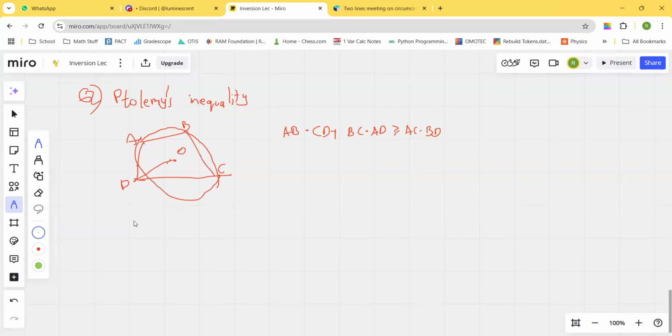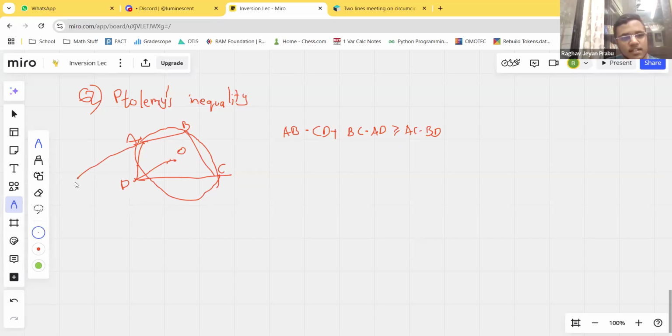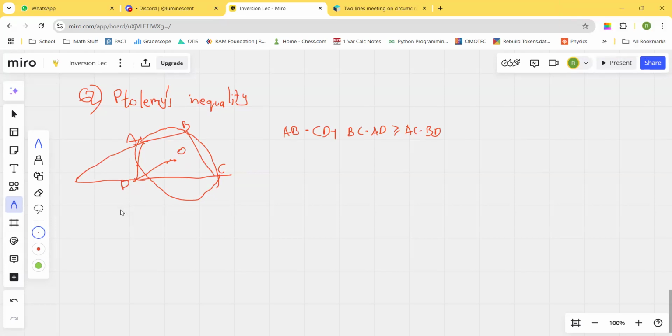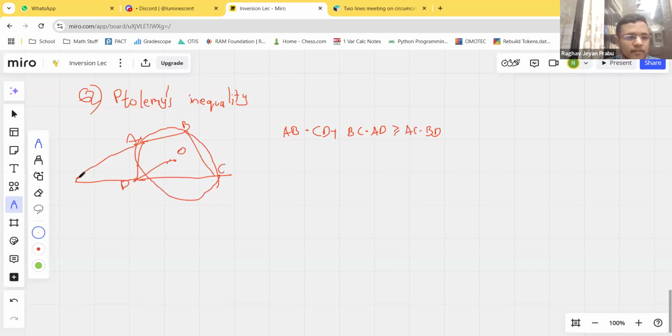Can I join AB and DC? Okay, AB and DC, then the intersection point will be the inversion center. Let's call this E. But then again, you can't use power of a point here, right?